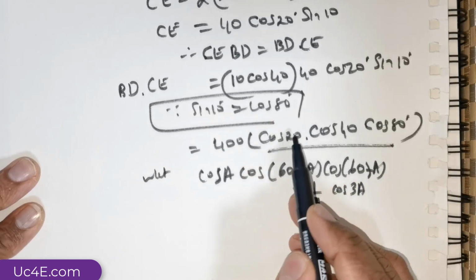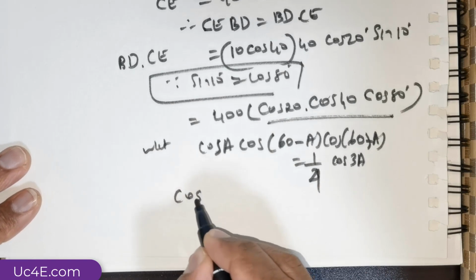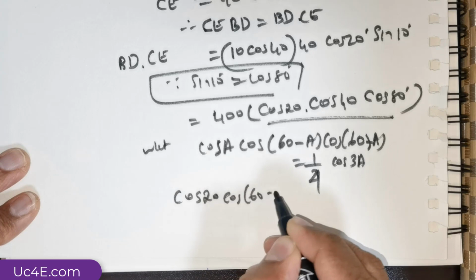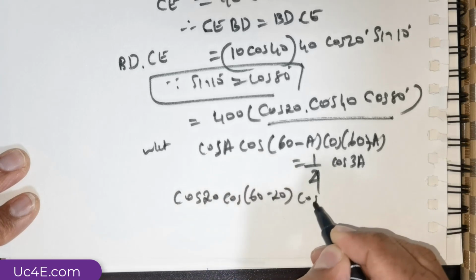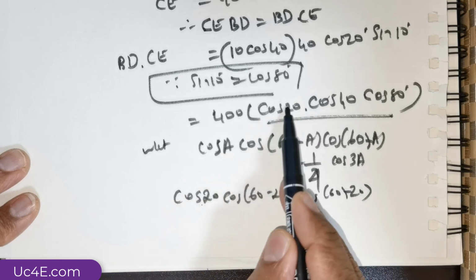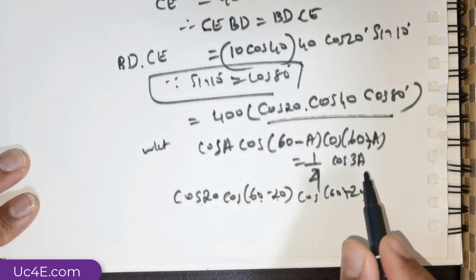Now what is this? This is cos 20, cos 40, cos 80. So can I write this as follows: cos 20 times cos of 60 minus 20 times cos of 60 positive 20. Cos 60 minus 20 is cos 40. Cos 60 positive 20 is cos 80.